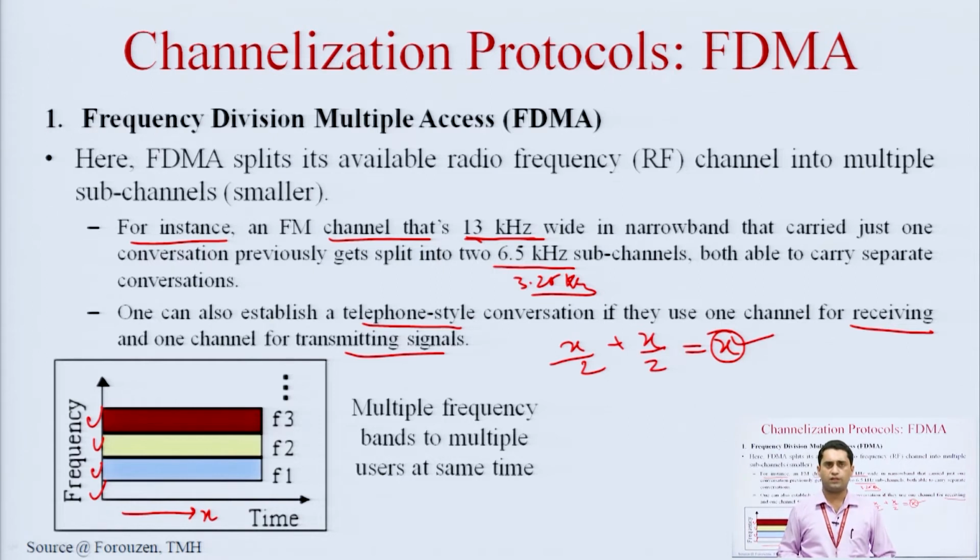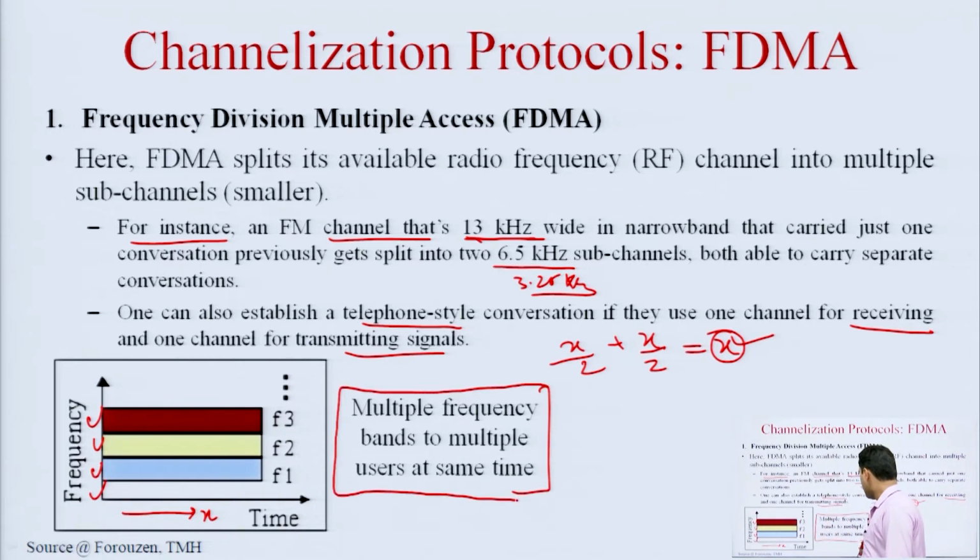So, for now, with FDMA the multiple frequency bands are given to the multiple users and they can use them at the same time. This is a very important line to understand; this block is very important.